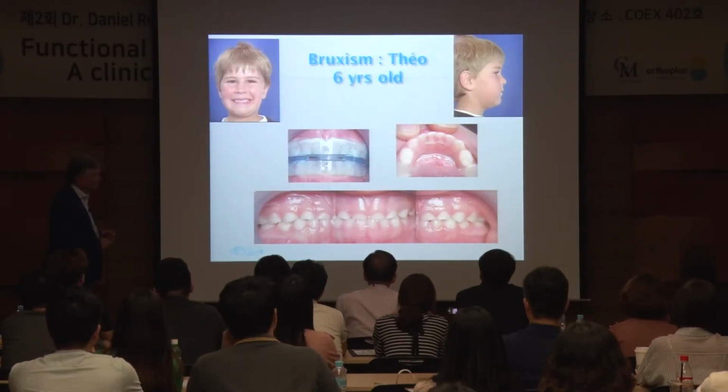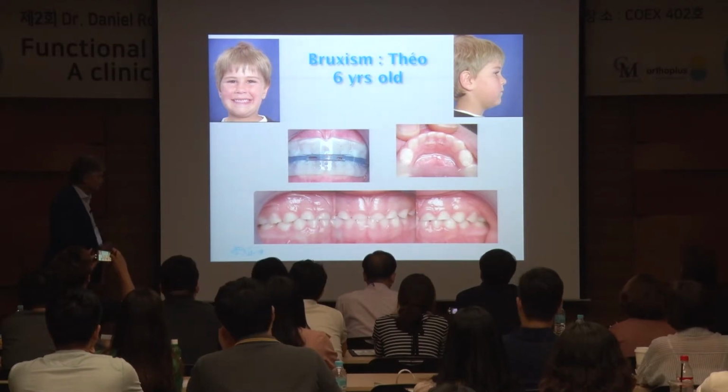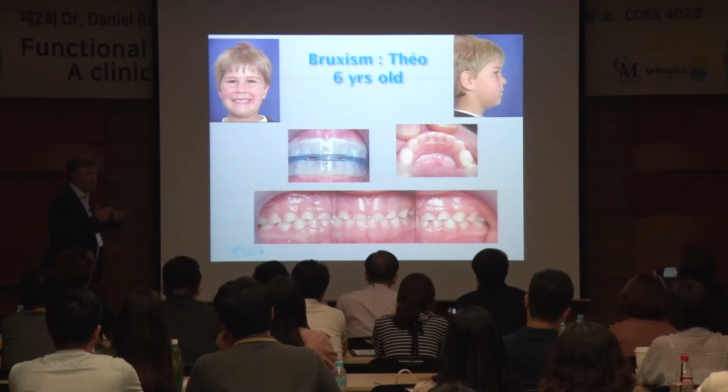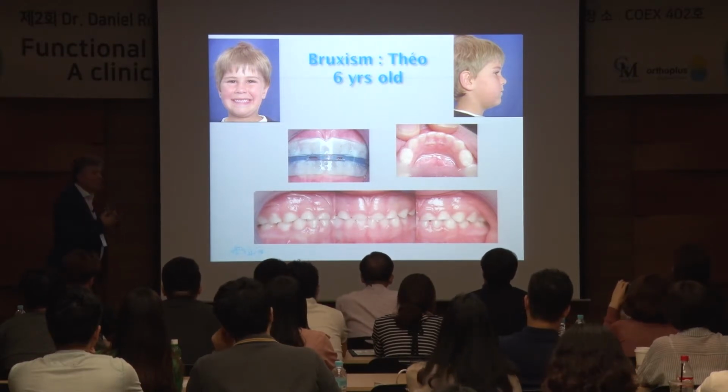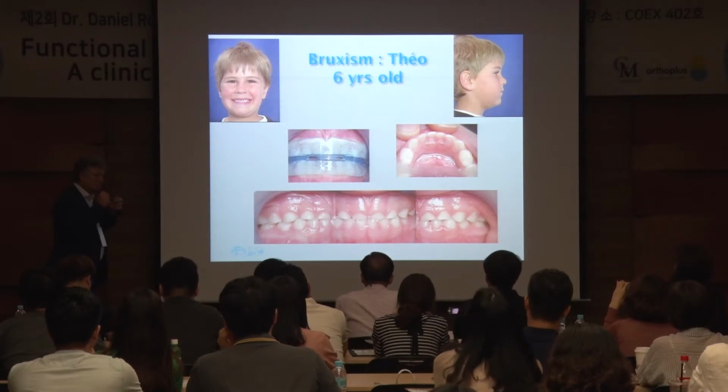When it's young, a soft appliance is better, because you engram in the brain that you are now bruxing.